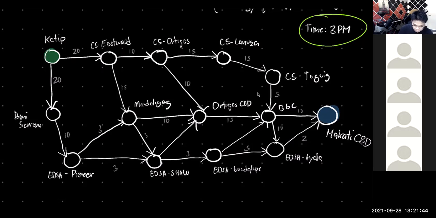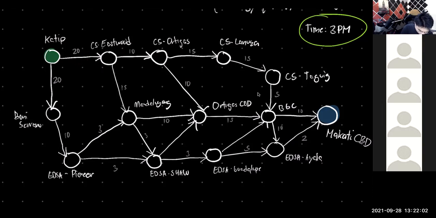Okay, so what looks like our best path here, we can't really tell yet, no? So at time 3 p.m., starting from Katipunan, our best option would likely be to take either Boni Serrano here or Katipunan here.